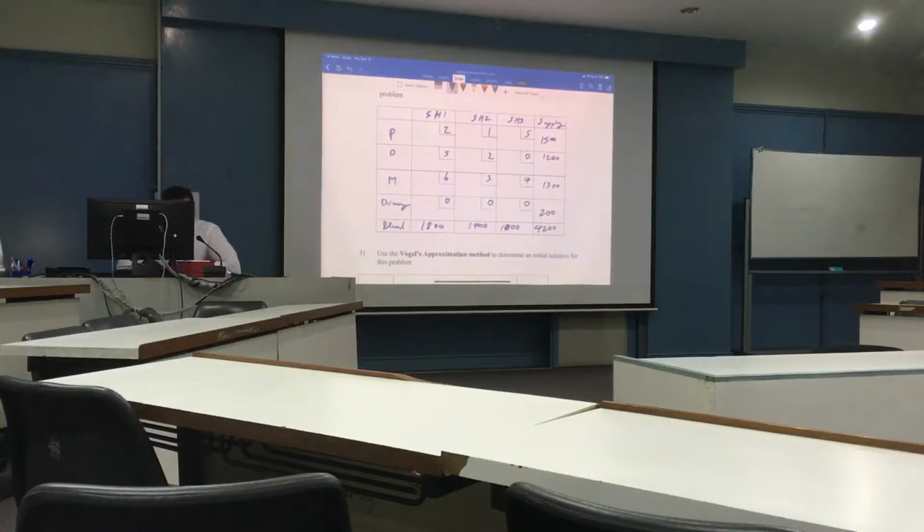For minimum cost, you select the cell that provides the lowest cost. Let's say I select this cell first, cell 2, 3.